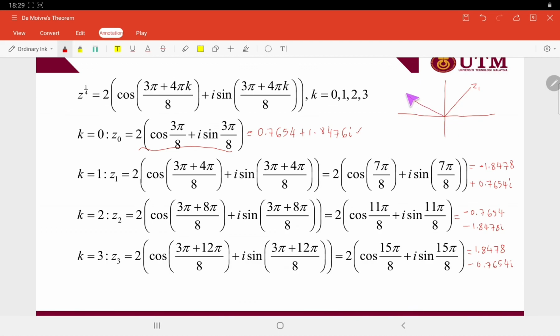So this will be our z2, and our z3 has a negative real value and a negative imaginary value. Sorry, this should be z0 and then z1, this one is z2, and our z3 will be in quadrant 4. So now we have plotted the roots of the equation of the complex number.